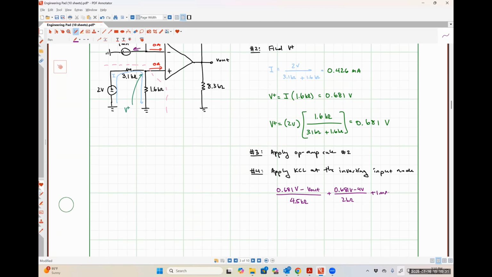So plus 1 milliamp is equal to 0. Okay. And then step 5 is throw this gross thing into our equation solver and solve for V out. So I'm going to try to do just that.